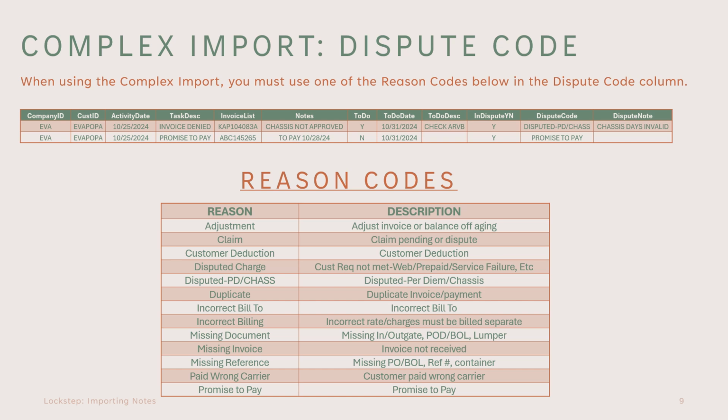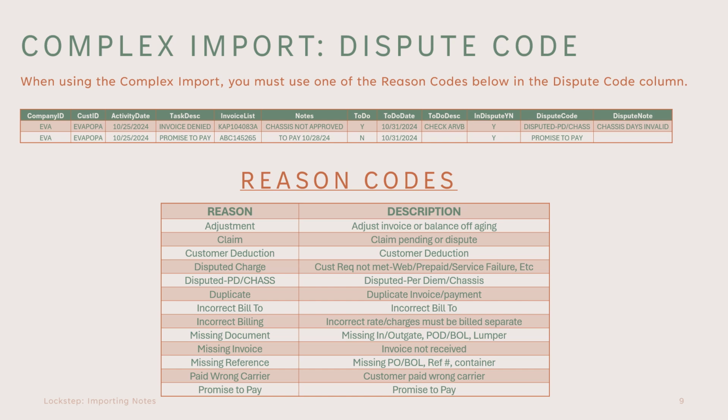Y for yes, N for no. Our next column is the Dispute Code. The dispute code needs to be picked from the reason codes below. If you do not enter one of these reason codes under your dispute code, your import will fail. So please always refer to your list of reason codes when you're making your dispute codes.